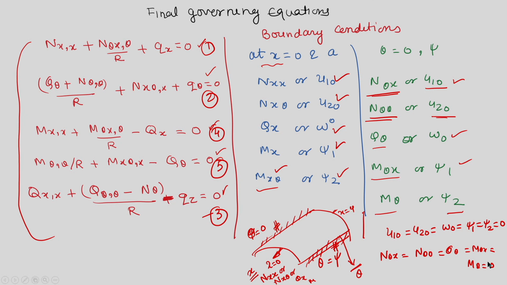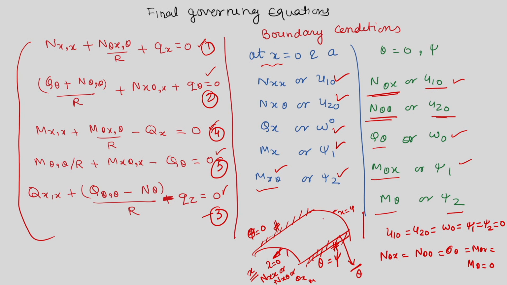I have discussed this a number of times, and again I am going to say that analytical solutions, or closed form solutions, are valid for simply supported boundary conditions. If I say that all edges are simply supported, let us say 1, 2, 3 and 4, then the cylinder is said to have Navier support boundary conditions.